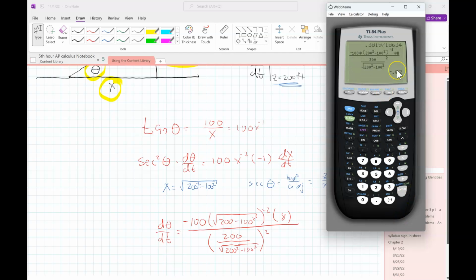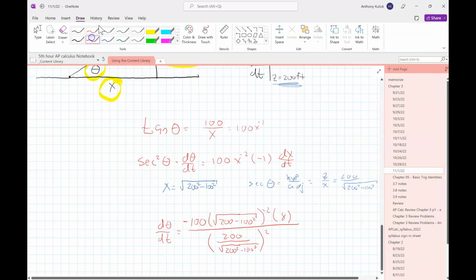Negative 0.02. And what's the unit there? Radians per second.